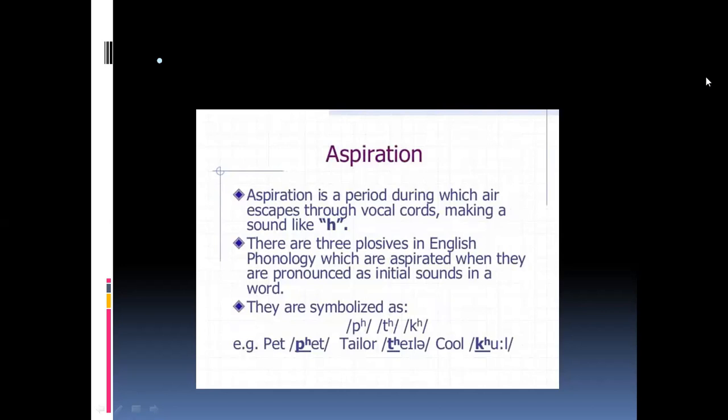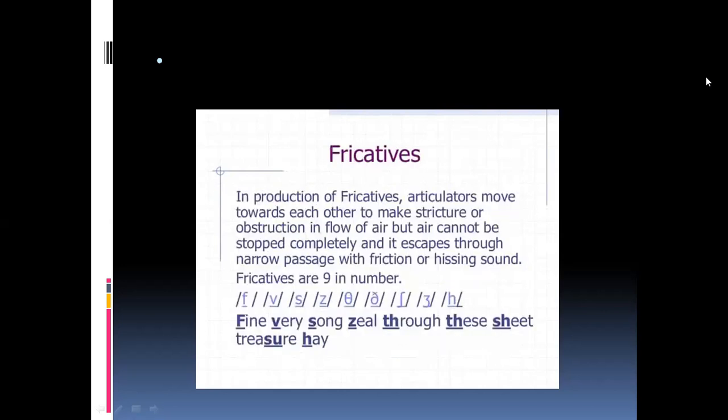And next in English, that is the consonant fricatives here. In the production of fricatives, articulators move towards each other to make a constriction or obstruction in the flow of air, but the air cannot be stopped completely, and it escapes through a narrow passage with friction or a hissing sound.